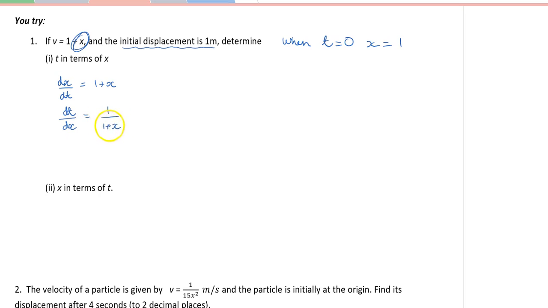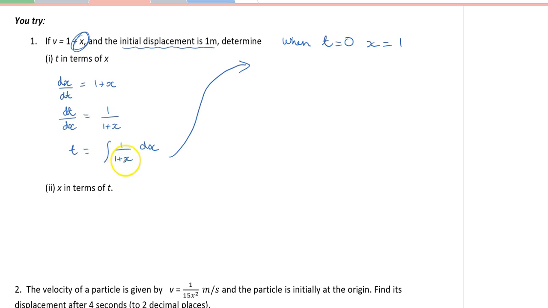And that makes sense. We want t, so we know that we would have to take the integral of 1 over 1 plus x with respect to x. Now, really, any time that you're integrating and your variable is in the denominator, you know that there needs to be careful consideration.